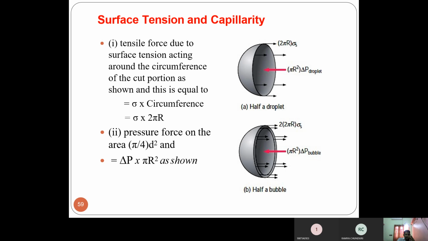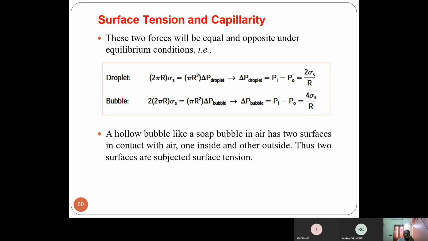Next, for equilibrium, these forces will be equal and opposite under equilibrium conditions. So for the droplet, the tensile force is equal to the pressure force. 2 pi r into sigma s is equal to pi r square into delta p, the pressure difference.